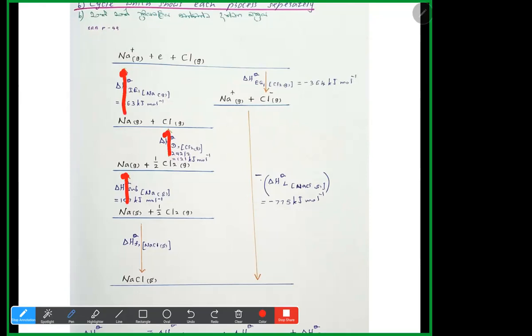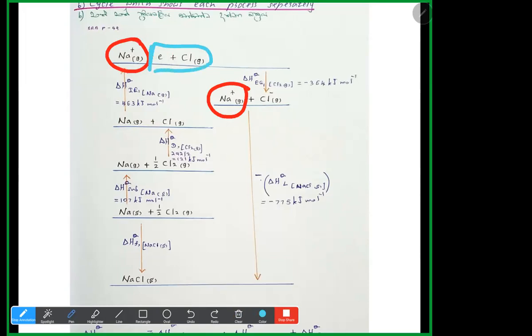Okay, we came there. And then what happened? Cl2 gas is existing here as it is, because in this step you are only changing the sodium. Then sodium becomes sodium plus plus electron. Cl gas is just existing as it is. Then sodium plus gas is just existing as it is.